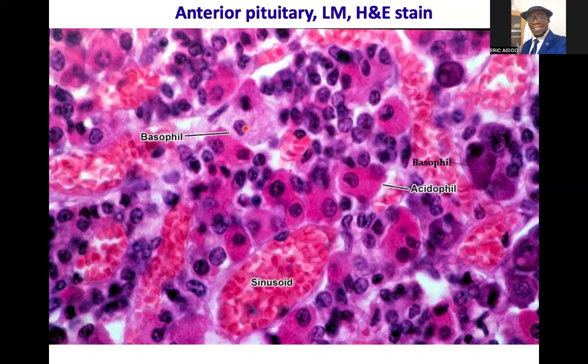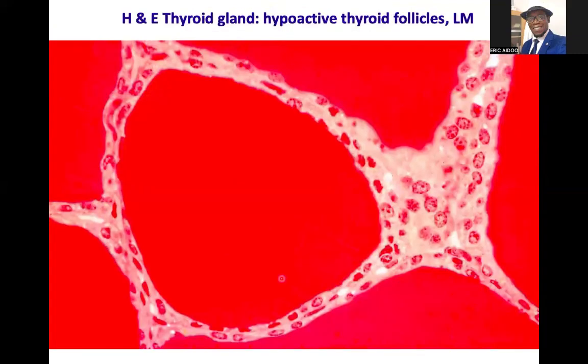This is picking more of the hematoxylin. You can see that it's dark, and this is more pinkish. These are sinusoids with blood vessels. It's a very beautiful slide of the thyroid gland, one of my favorites. You can see the colloid has been stained pink. Very, very beautiful.